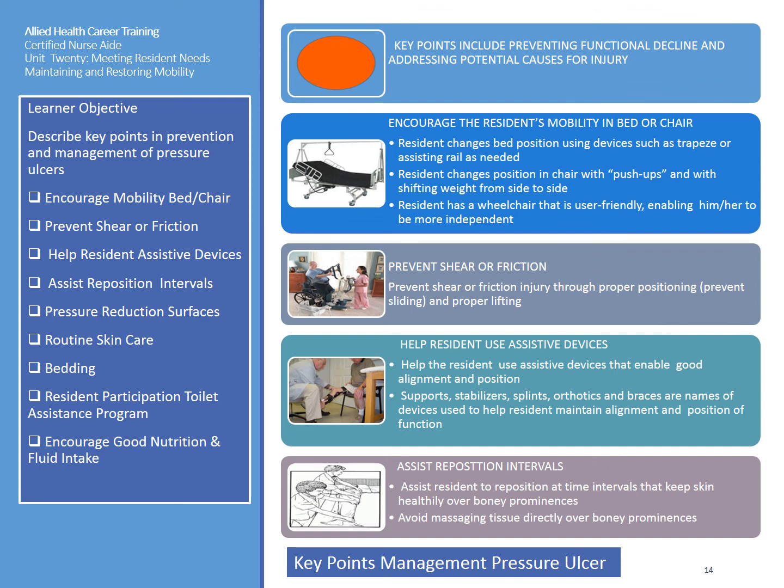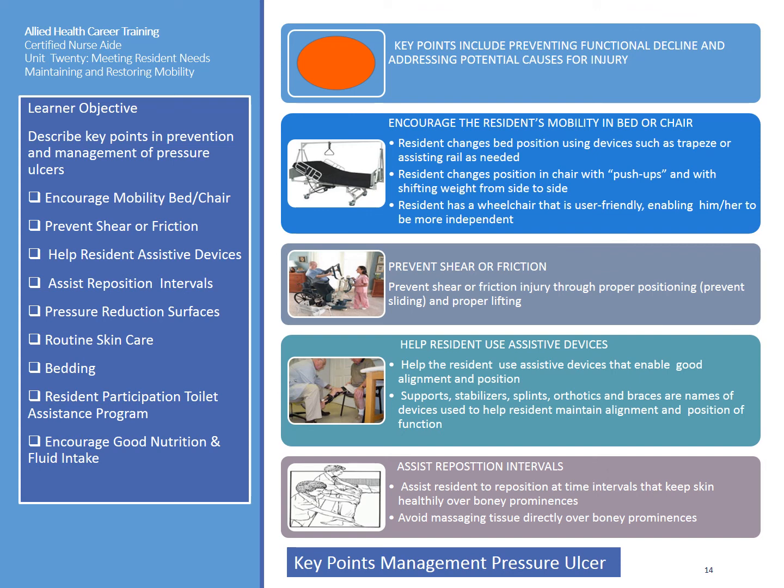We need to prevent shear or friction injuries through proper positioning, prevent sliding. We need to use proper lifting. Help the resident use assistive devices that enable good body alignment and position. Support different areas of their bodies with splints or orthotics or braces.